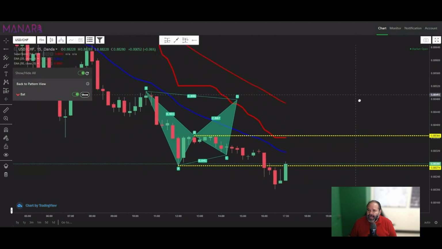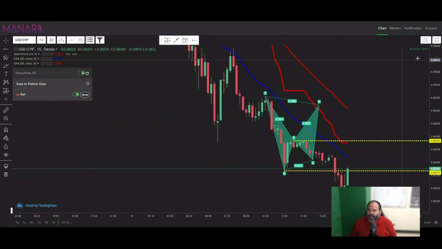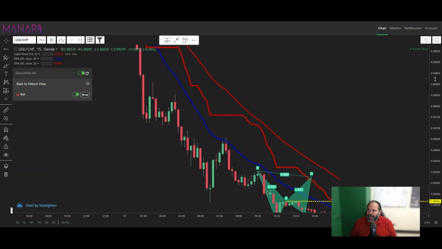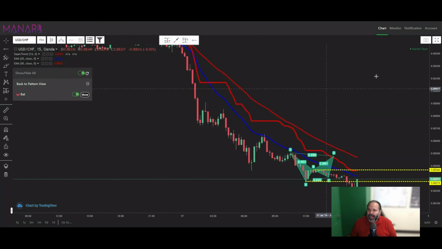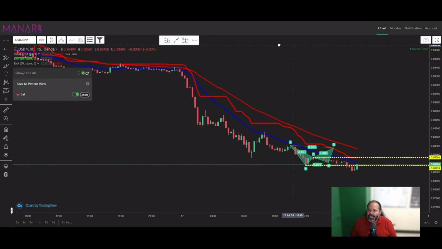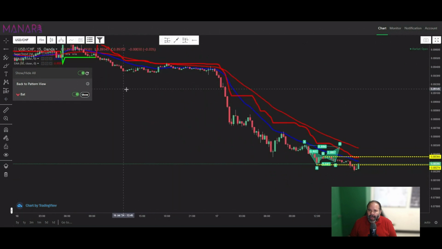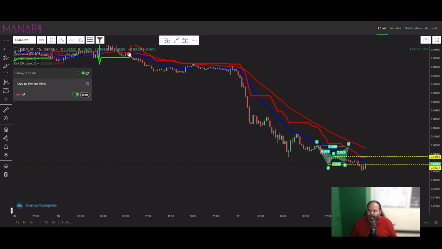Now, the next thing we want to check is that the blue line crossed the red line to the downside. That happened all the way back here. These two lines are called exponential moving average.